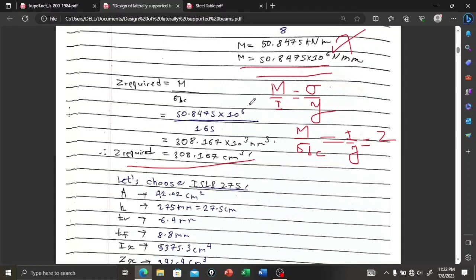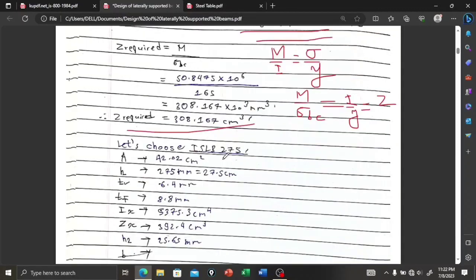So in beam we use I section, whose Z value is greater than this 308. So it has the Z of 392, which is greater than 308.